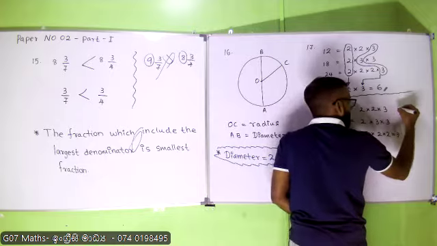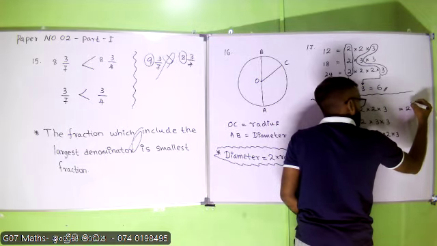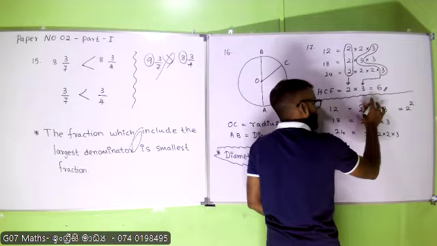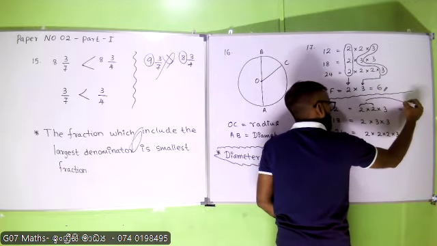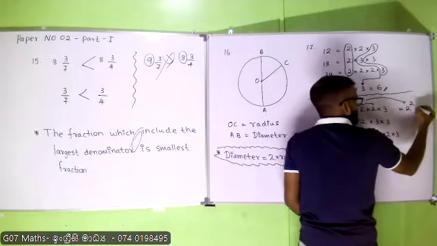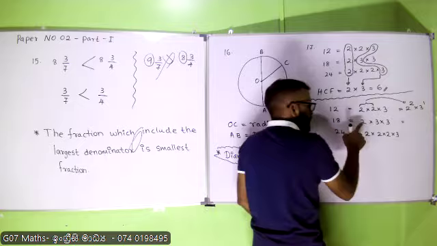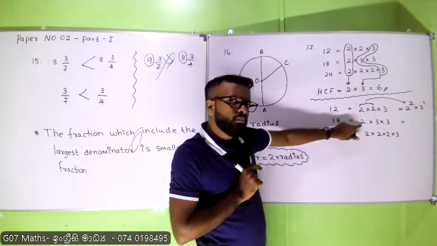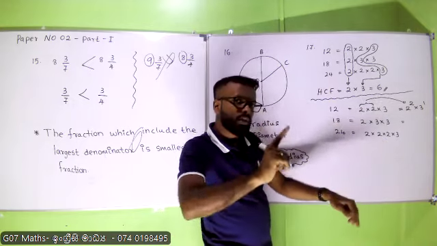So this one can be written as 2 to the power 2, and 3 is just 3 to the power 1. Using the same thing, this one is only 2 to the power 1, and 3 times 3 is 3 to the power 2.